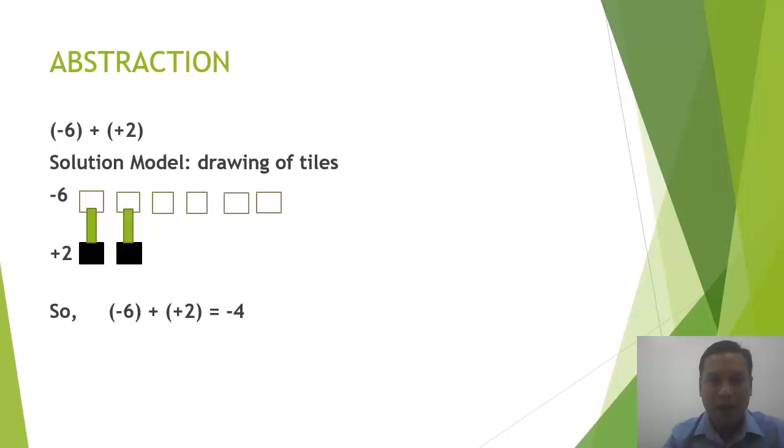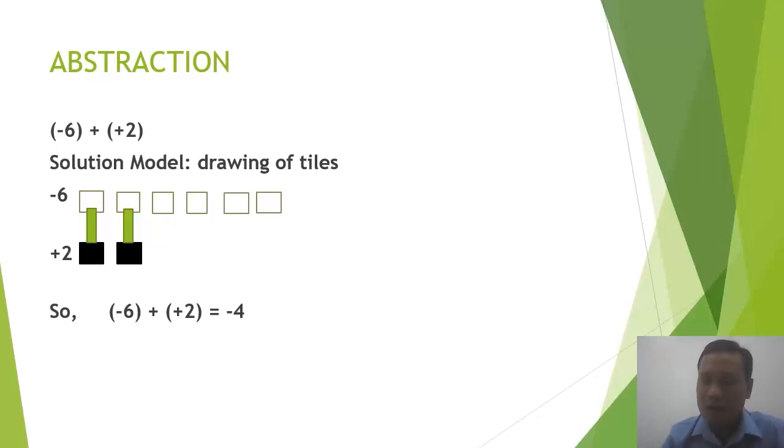We have another 0 pair, a black and white tile can produce a 0 pair, so they cancel each other out. So we are left with 4 tiles. 1, 2, 3, 4.